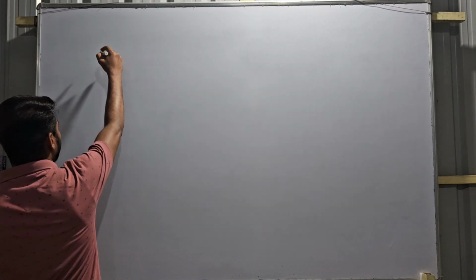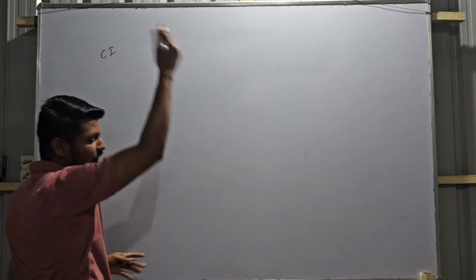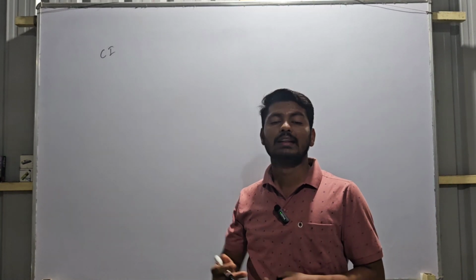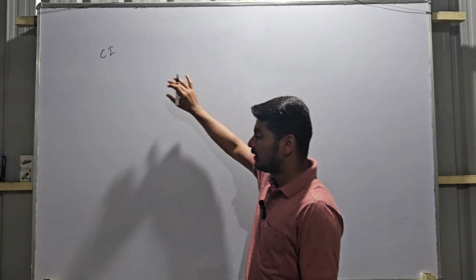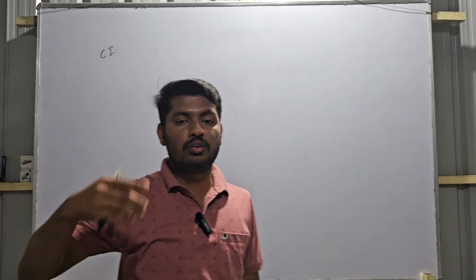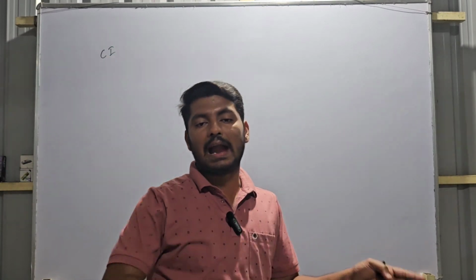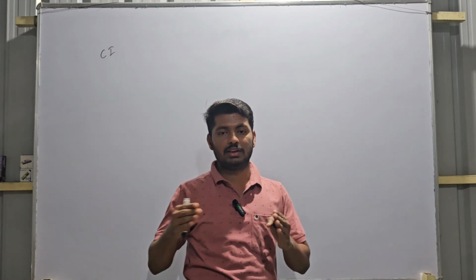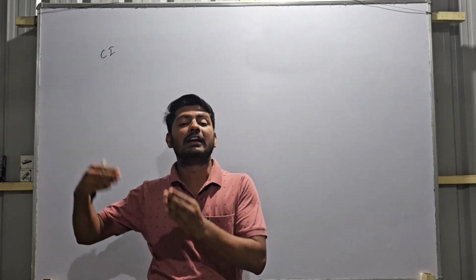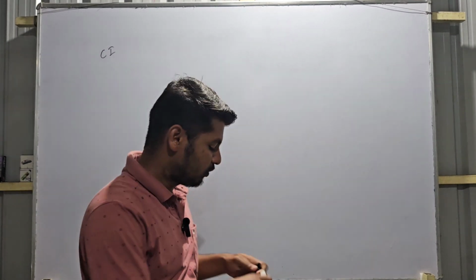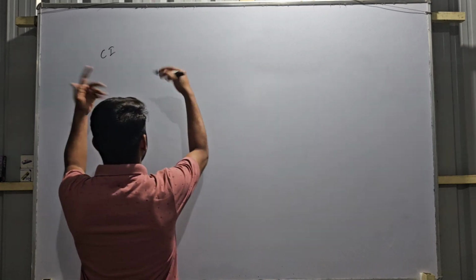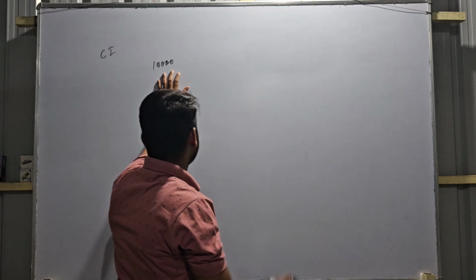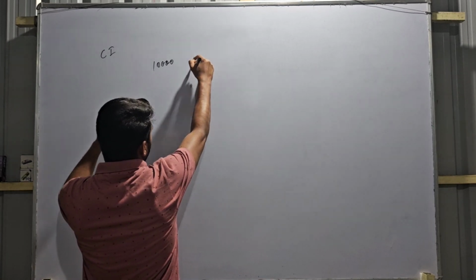So let us start with compound interest. In compound interest, what happens? The interest of the first year is added to the principal amount, and that amount, principal plus interest, will be the principal amount for the next year and the consecutive years. For suppose, for a sum of 10,000 rupees, we are getting interest of 1,000 rupees.